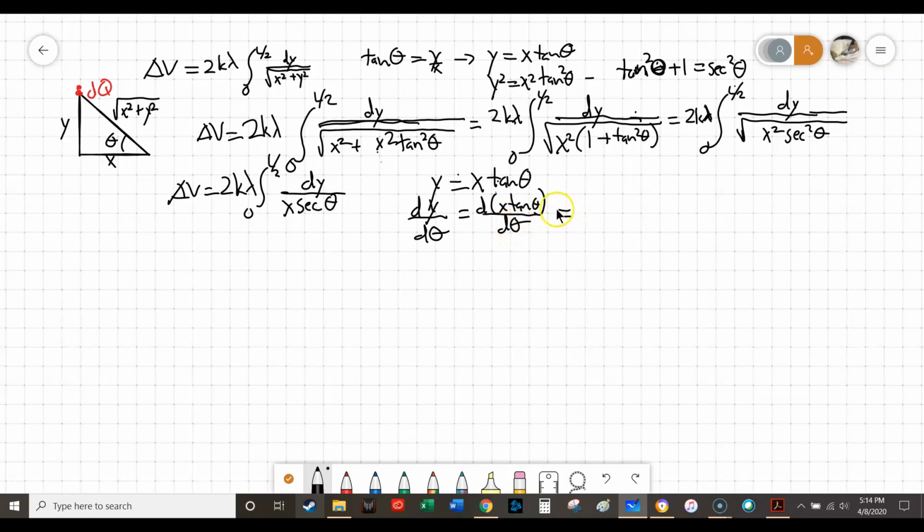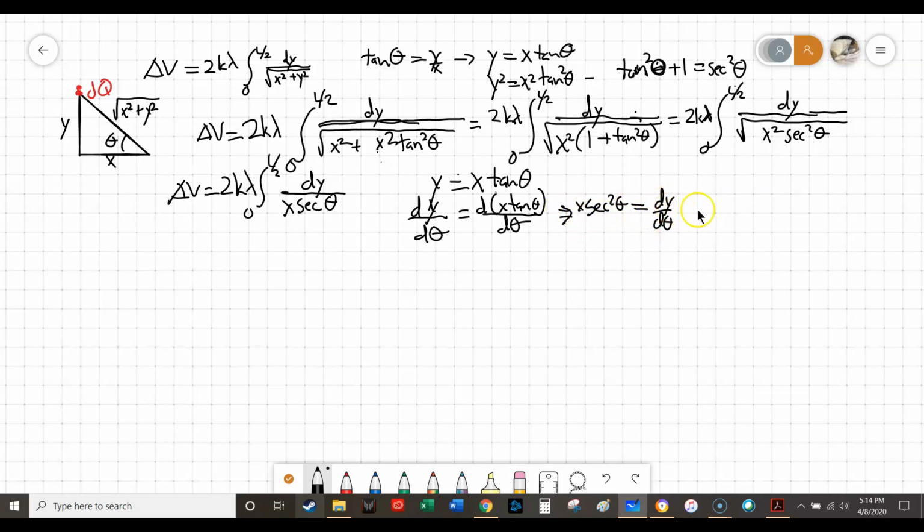And what we'll get is dy d theta is going to be equal to x is a constant, and the differential of tangent of theta is secant squared of theta.